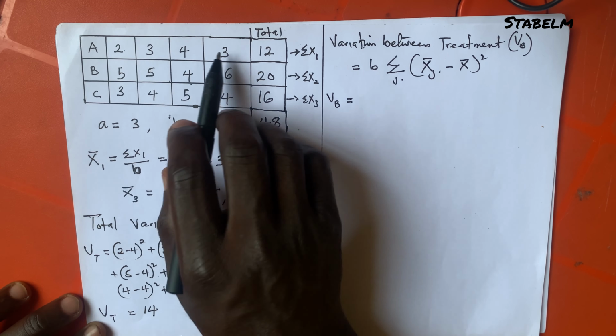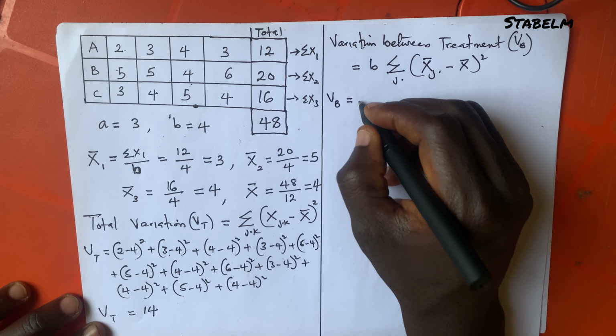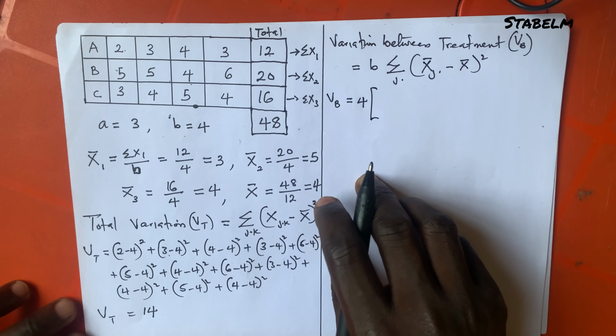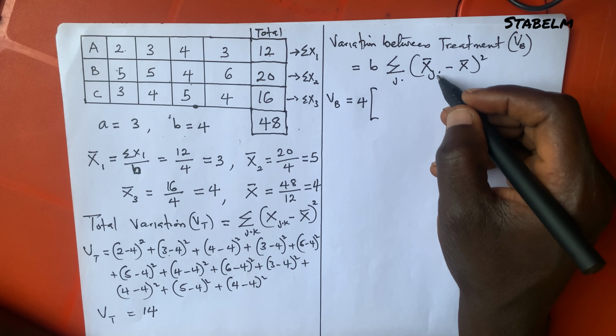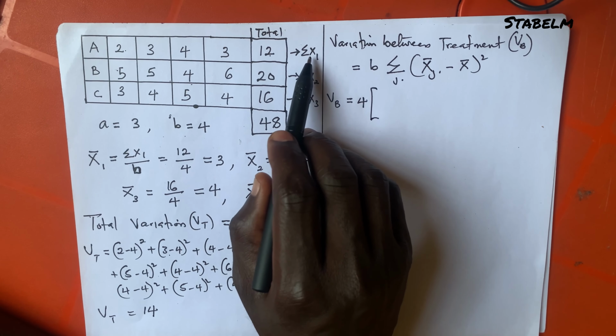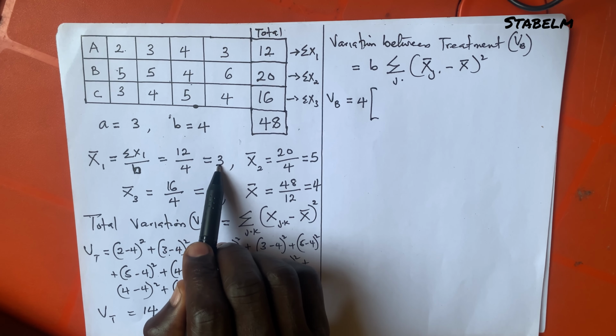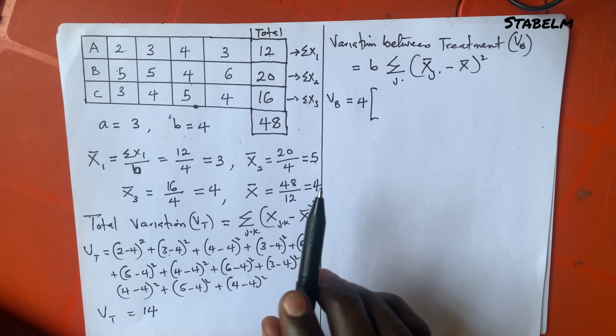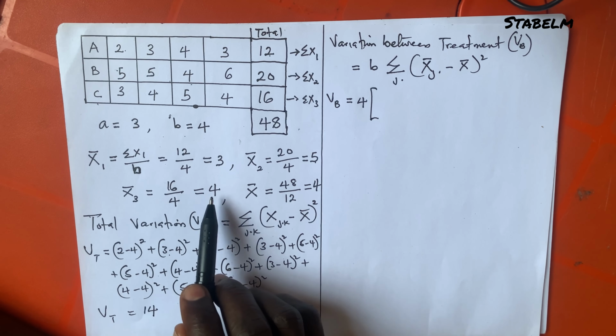The number of observations in each treatment is 4. So we have 4 into bracket. Now x bar j, what does it mean? The mean of each treatment. The mean of the first row we have as 3. The mean of the second row we have as 5. The mean of the third row we have as 4.